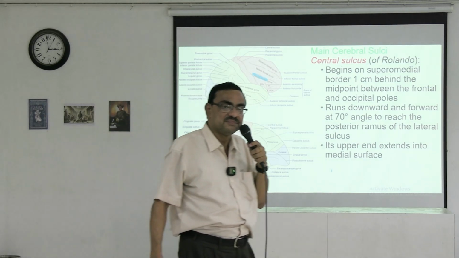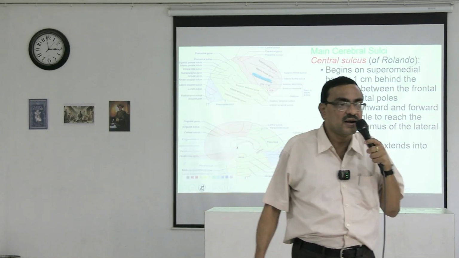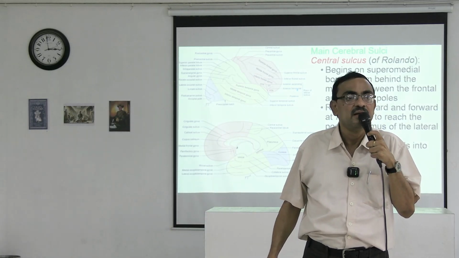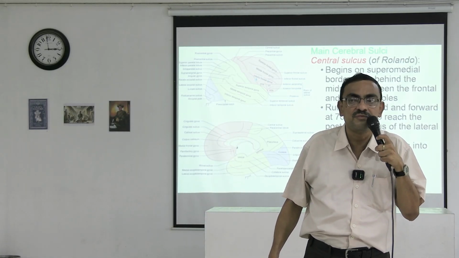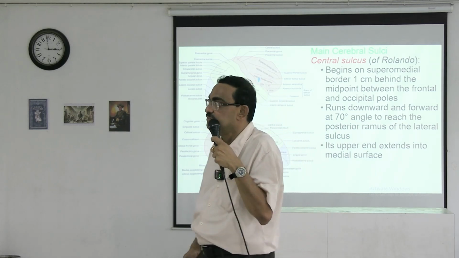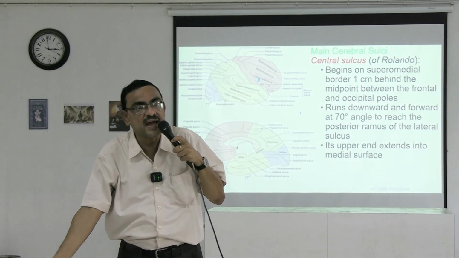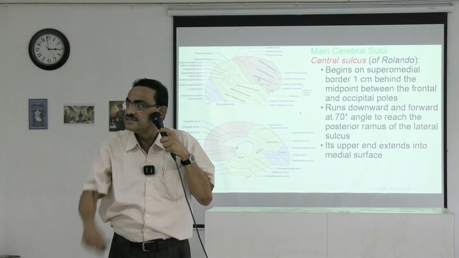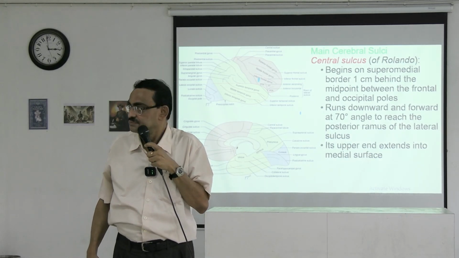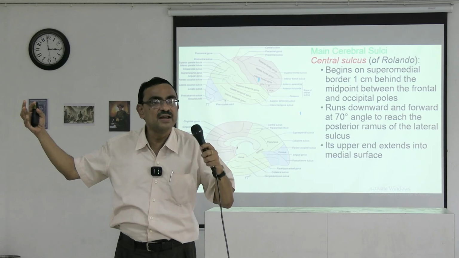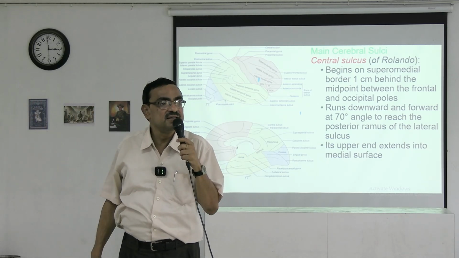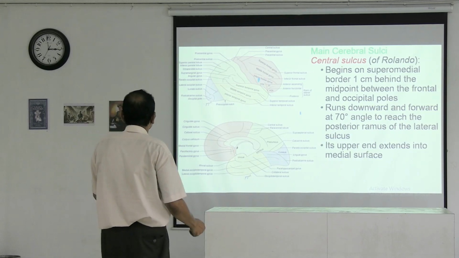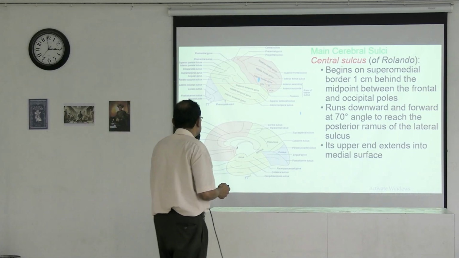Because we are right-handed, the left side is dominant. In a left-handed person, the right side is dominant, so it is located on the right side. That means the right inferior frontal gyrus.